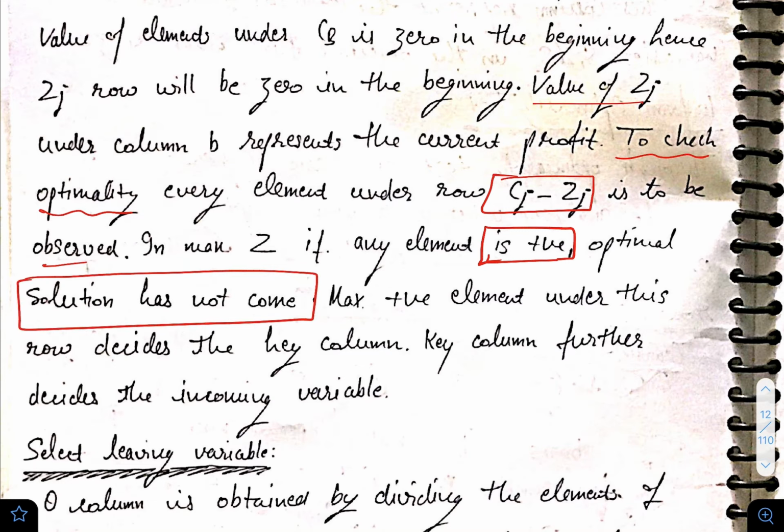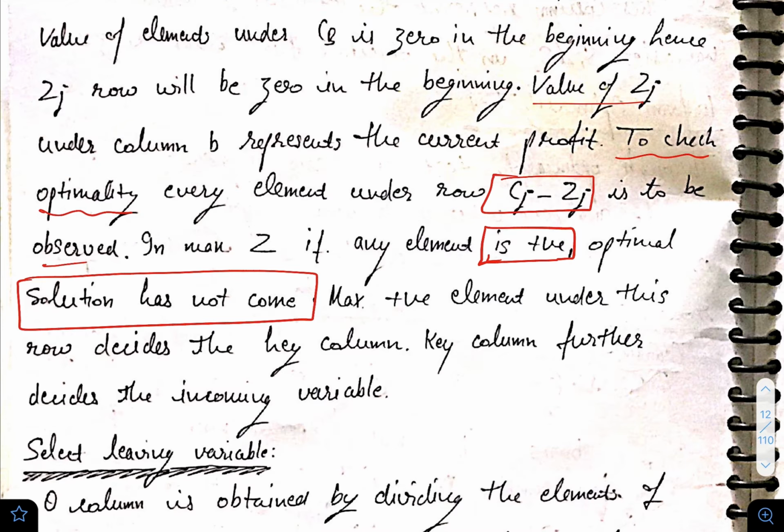In maximization of Z, if there is any positive element in the whole Cj minus Zj row, it means that we need further iteration. We have not reached our optimal solution. We will have to do further iterations until my complete Cj minus Zj row becomes negative. Then I will be sure that the present value of Z is the maximum value. Until then, I will not be sure, and I will have to perform further iterations. Fine.